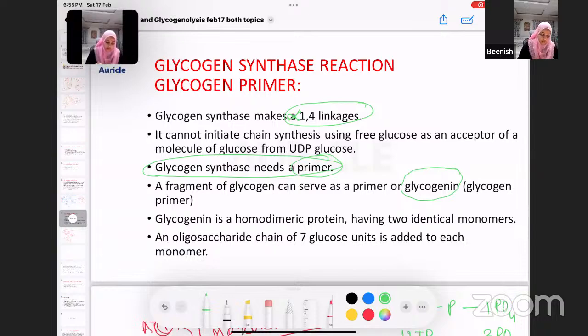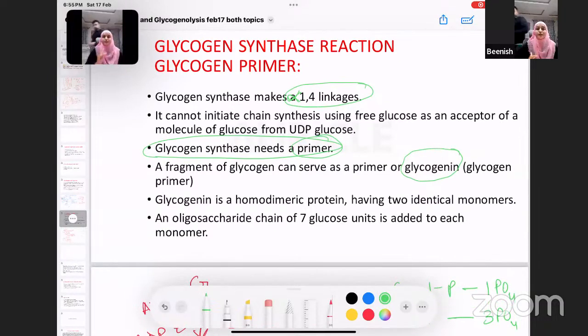Sometimes when the cell has not been completely depleted of its glycogen reserves, a fragment of glycogen is left that can serve as a primer. And when a fragment of glycogen is not present, your glycogenin is the glycogen primer.